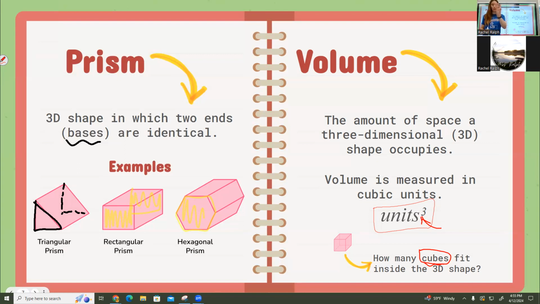We're cubing to the third power. Same thing when we have a 2D shape and we're finding the area, we write the second power. Same idea. A 2D shape is a flat shape. 3D has dimension. It's not just length and width. We also have height to these shapes. Okay. So we're looking at prisms and finding the volume of prisms today.